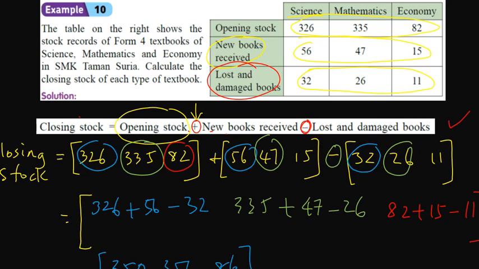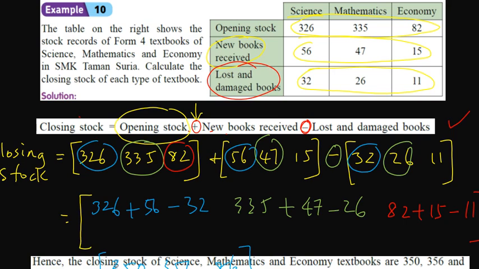You have to tell it in a sentence. Yeah. So the closing stock for science, maths and economy are like that. So you have to write like this. I better write this one here.